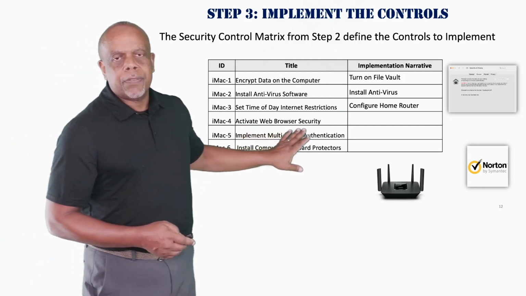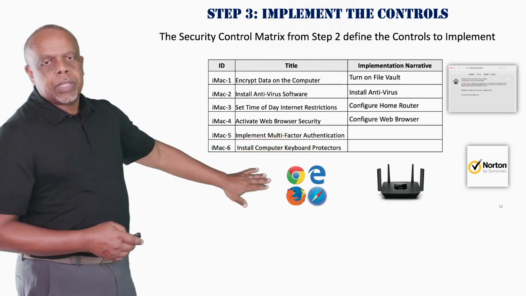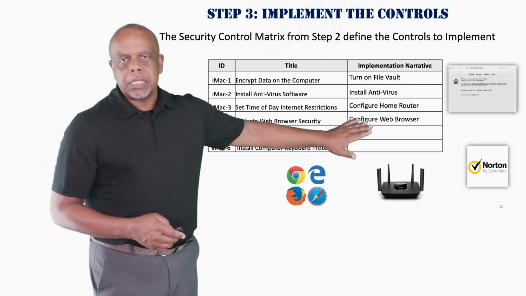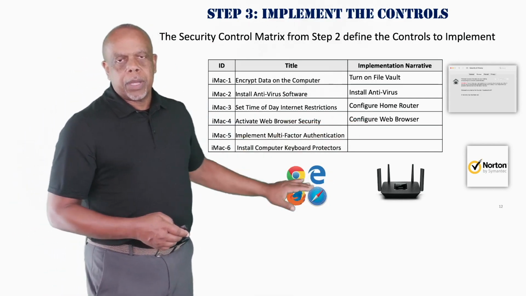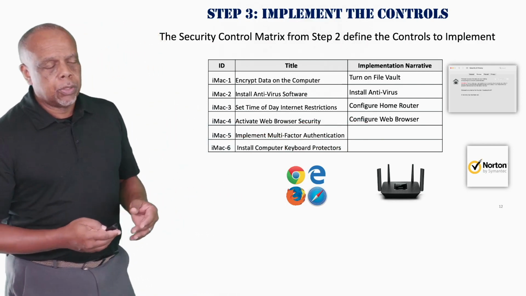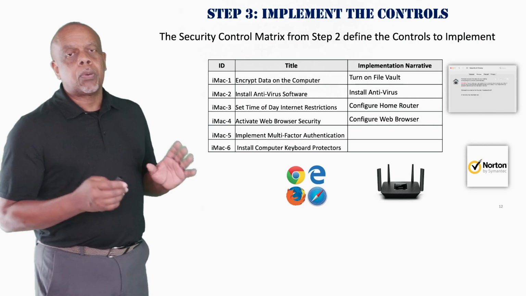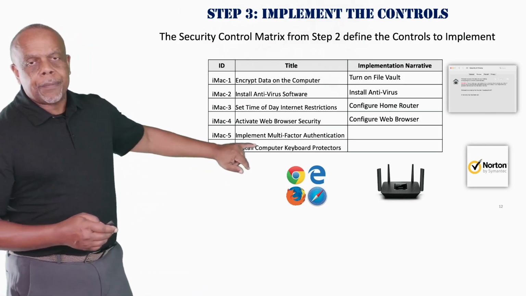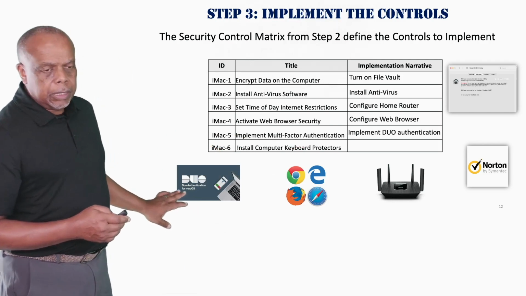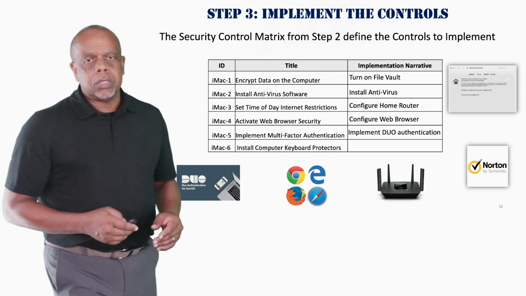iMac 4, activate web browser security. Within many web browsers, there is security that's built into that web browser. I can configure that web browser to be sure that I'm using HTTPS, the secure HTTP protocol. Look at iMac 5, implement multi-factor authentication. I can use a system such as Duo to do multi-factor.